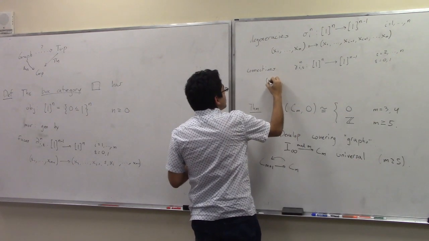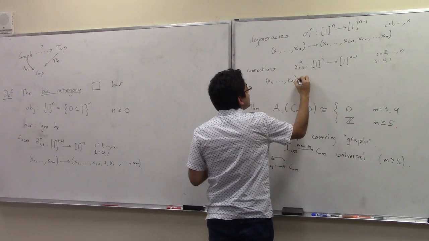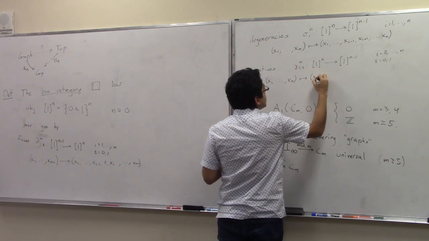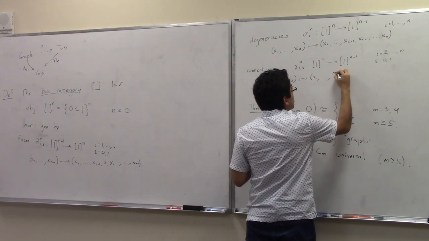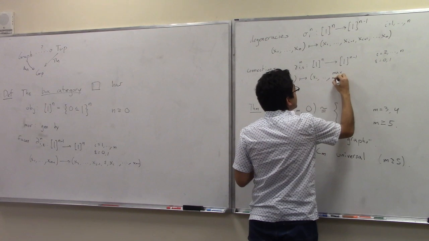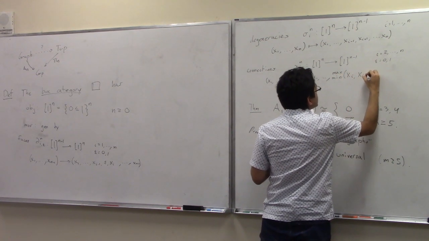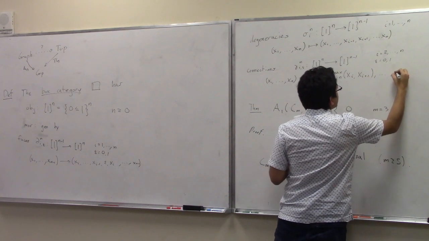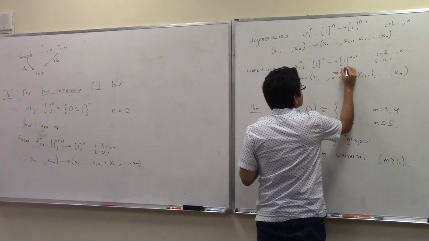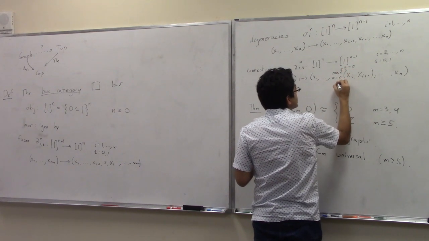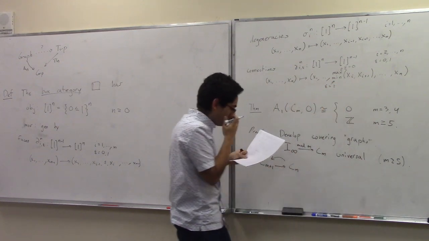So this is the map which on an element here will proceed as normal until position i, at which point I will either take max or min of x_i and x_{i+1}. And then I'll continue as normal. Specifically, I will take max for ε equal to 0, and I will take min for ε equal to 1.